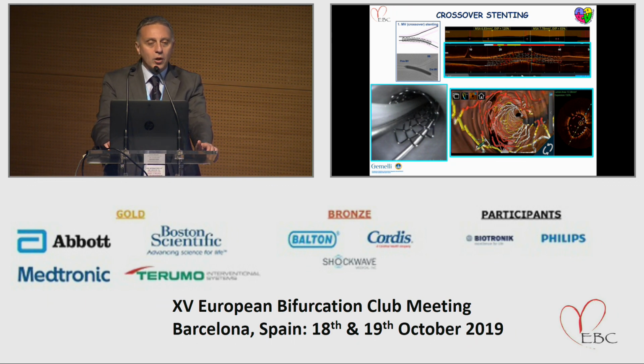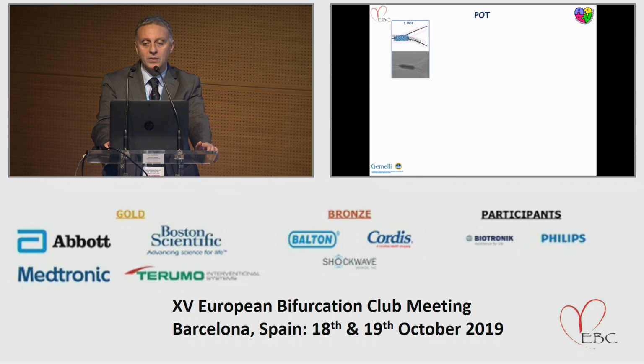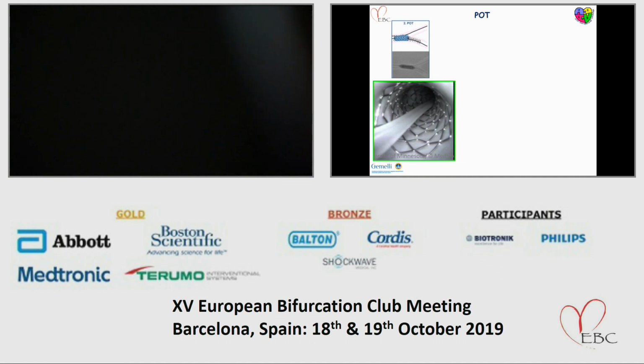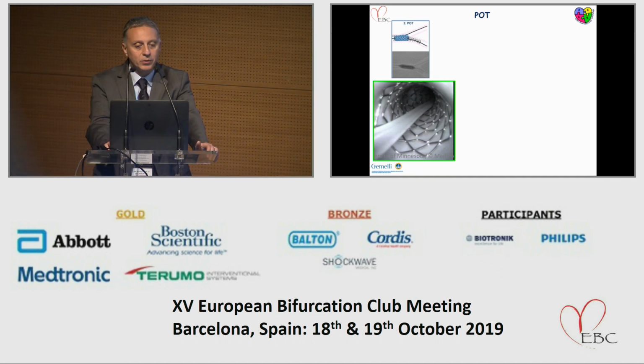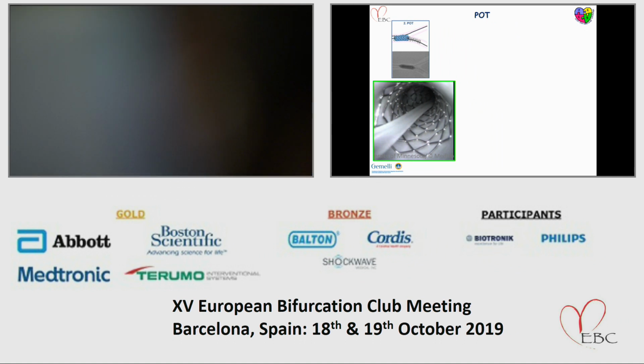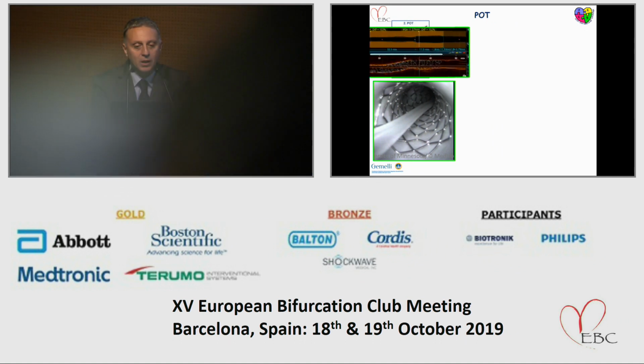So on top of this selection, so 1-to-1 according to the distality, it is really important to correct as soon as possible by POT, having a balloon which is appropriately sized to the proximal main vessel. This is the result after POT inside the visible heart, and you see that there is no malapposition apparent.